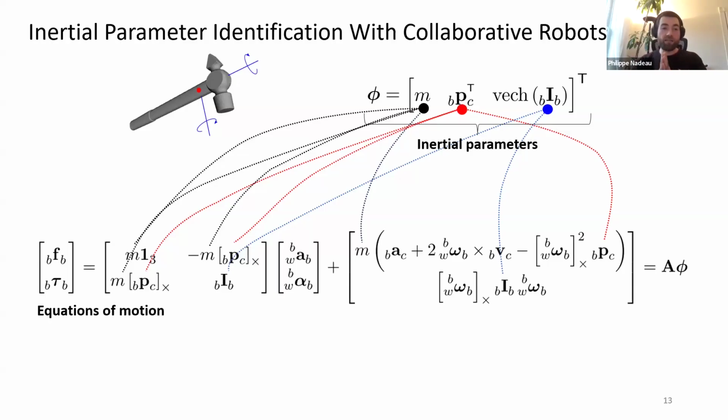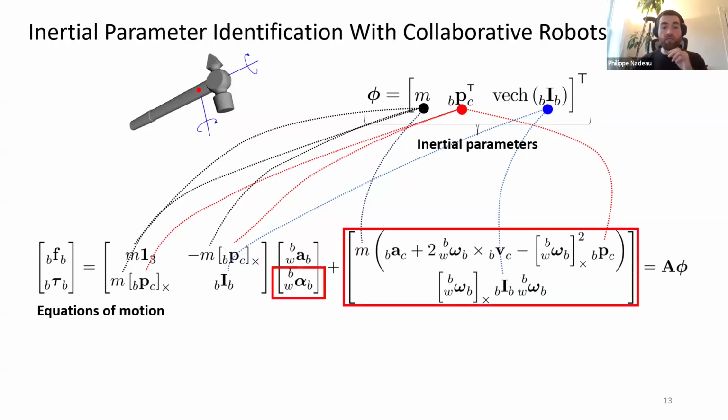And by studying the signal-to-noise ratios of each term in the equations of motion, we observe that some of them become very small during collaborative operations and are therefore the source of inaccuracies in the inertial parameter identification. So this is one of the first challenges that I addressed in my research. And to mitigate this problem, I proposed two different solutions.